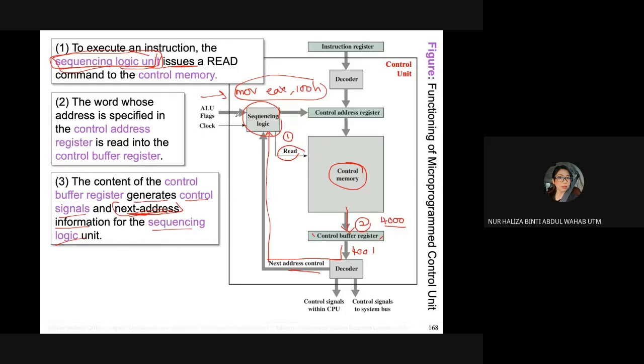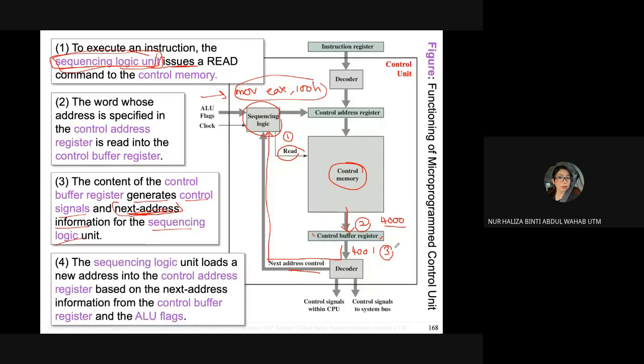So it's going to be like a loop again. So that is number 3, what has happened. And the last, the sequential logic loads a new address. You're going to load, let's say, 4001.